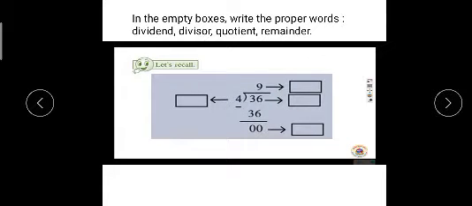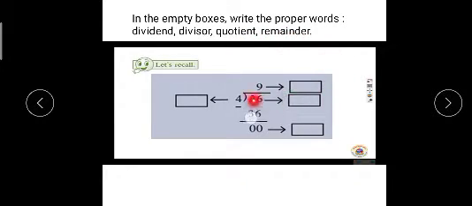Okay, so first here is given one example, and there are empty boxes. In the empty boxes write the proper words, which are dividend, divisor, quotient and remainder.